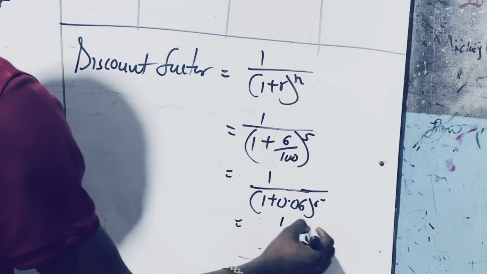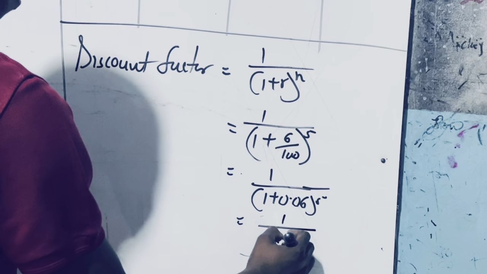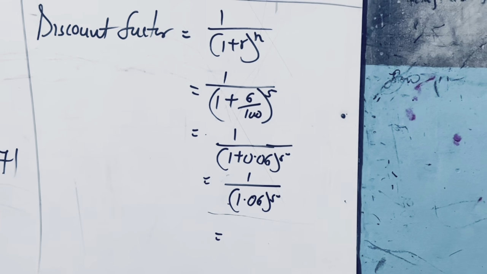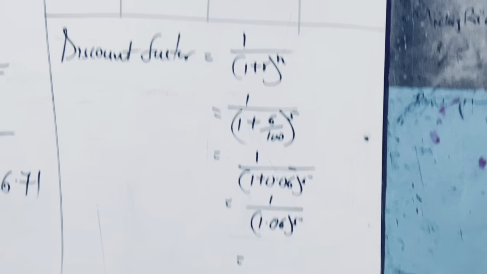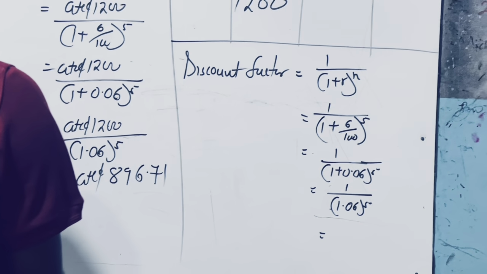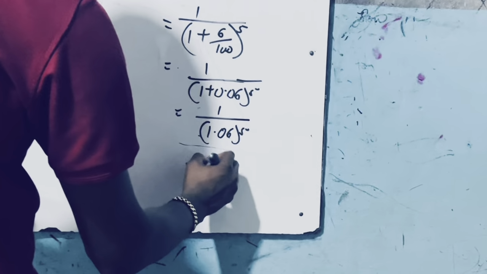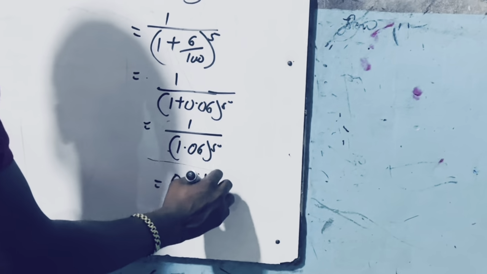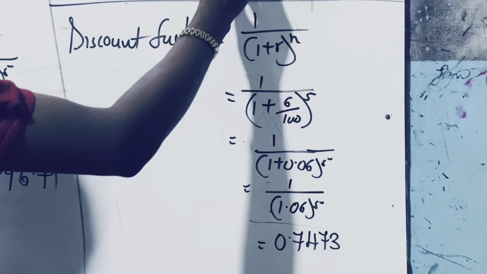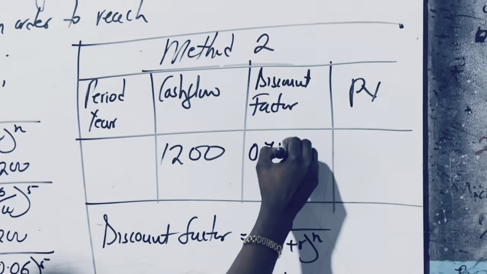So we can put this in our calculator. 1 divided by bracket open 1.06 bracket close raised to the power 5. And our discount factor is 0.7473, to 4 decimal places.